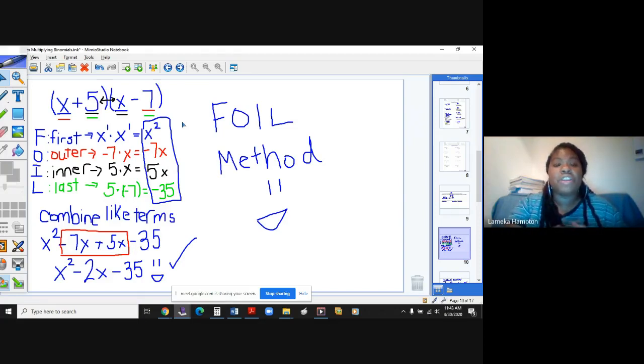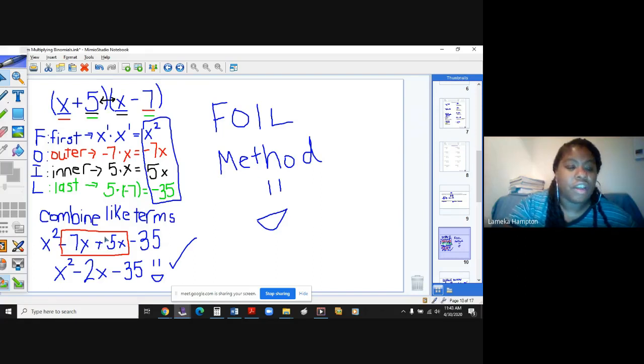It's very important that you write your expression in order, meaning you are going to start with the highest exponent. So we have a 2 here. So our x squared is going to be the first thing that we write. Then we have -7x plus 5x minus 35.